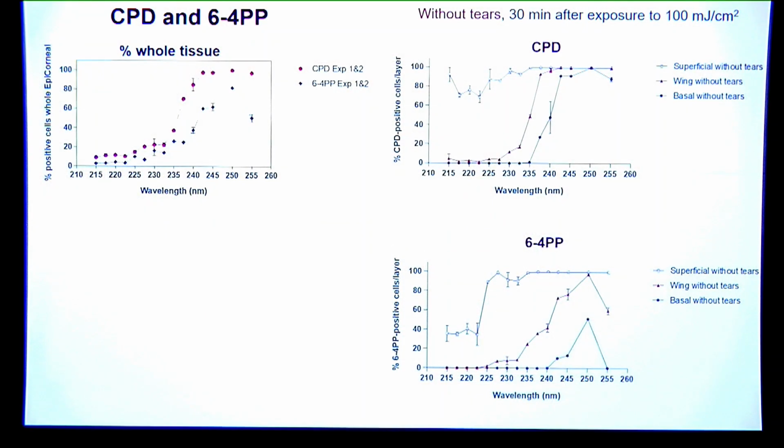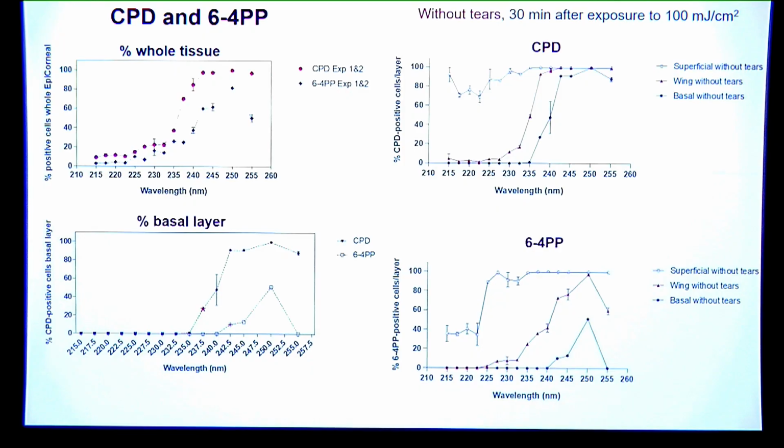So we did the same for 6,4 PPs, and this is just a comparison, again, of CPD formation through the tissue and 6,4 PP formation through the tissue. And you can see, even for far UVC wavelength, you're going to get some CPDs, but those are at the very superficial layer. So most likely these damaged cells will go away.